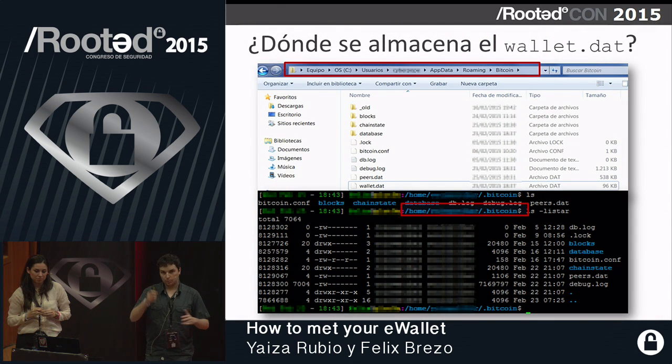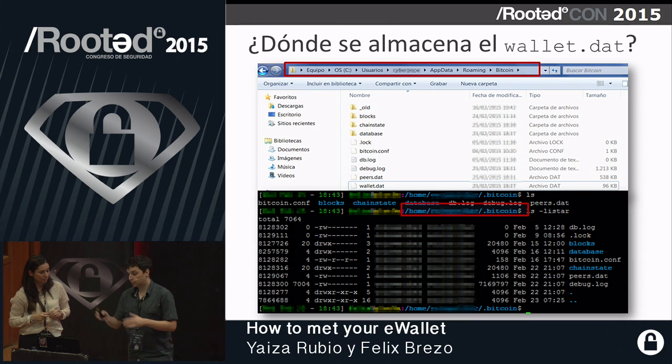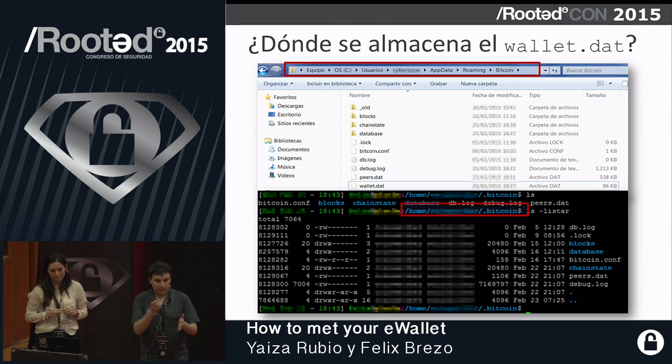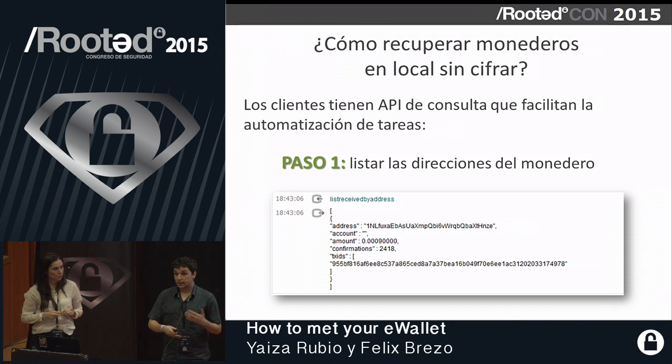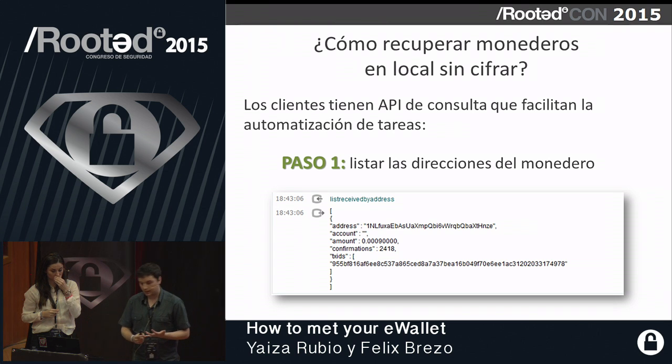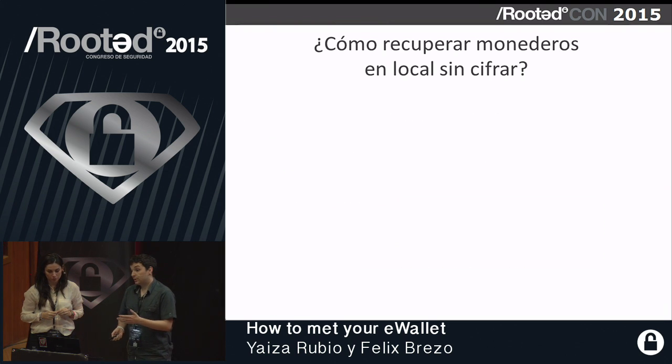Local wallets depend on the client we're using, Electrum, Bitcoin. By default, the route for this wallet, the system wallet, Bitcoin, if it's a Linux system, is in the folder Bitcoin. Generally speaking, these clients installed on the computers allow us to perform various consultations to create batch-based transactions.